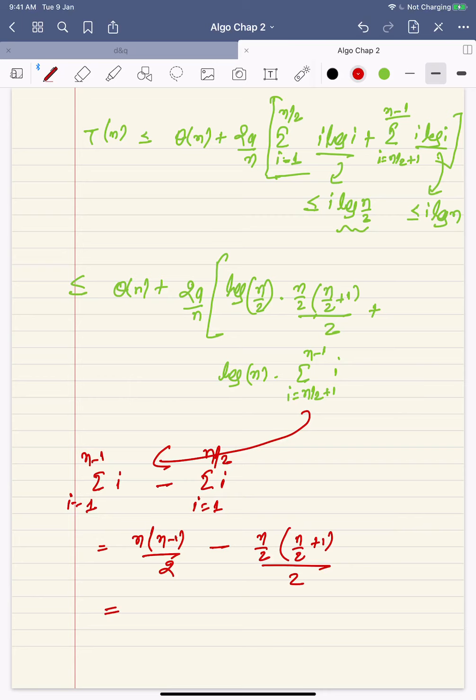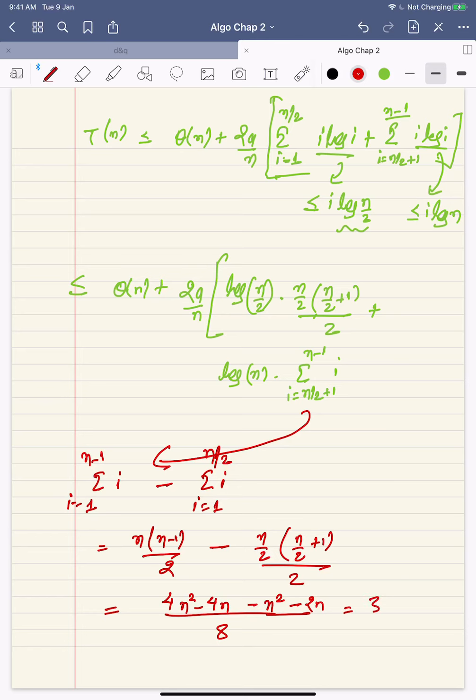Actually there is 8 common, so by 8, you will find 4n square minus 4n, and this is n times n plus 2 divided by 8, so minus n square minus 2n. I hope I have done that correctly.